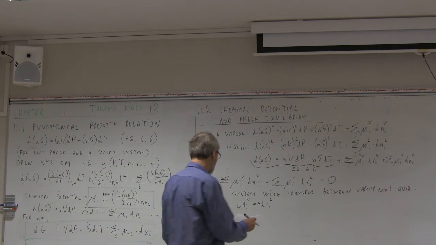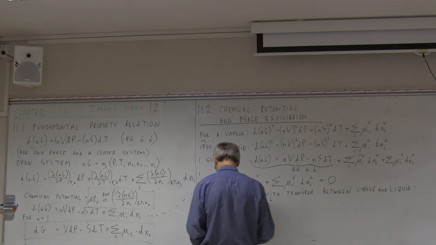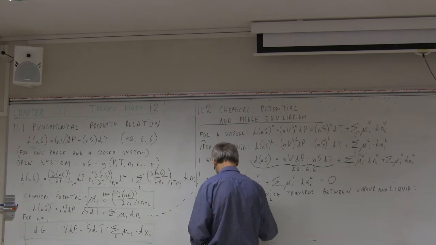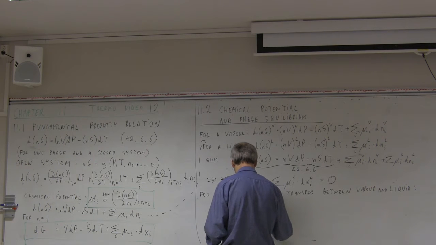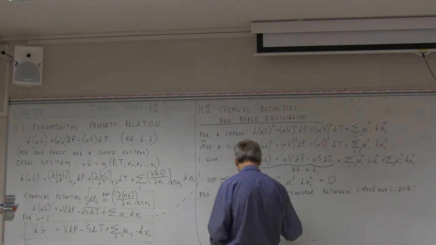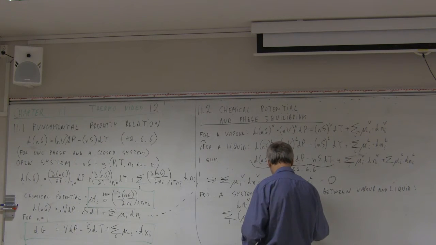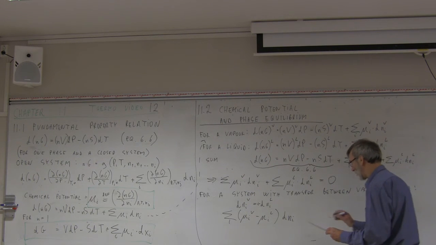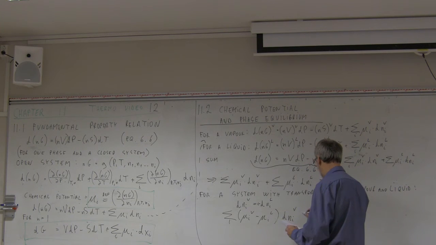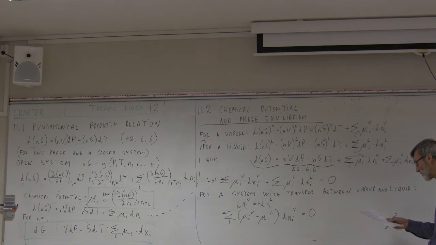Then the sum of the chemical potential in the vapor minus the chemical potential in the liquid, times the change of each component in the vapor, should be 0.